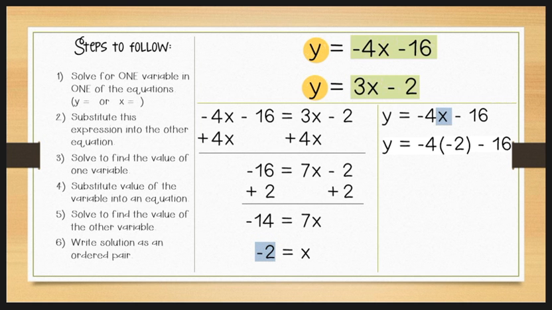So y equals -4 times -2 minus 16. So in simplifying, -4 times -2 is a positive 8. So y equals 8 minus 16. And simplify that further. So y equals -8. So writing this as an ordered pair, our x value is -2 and our y value is -8.